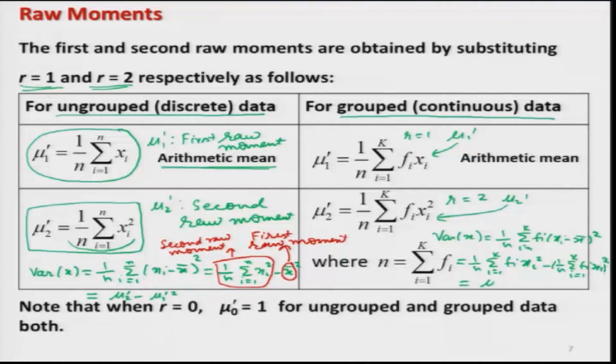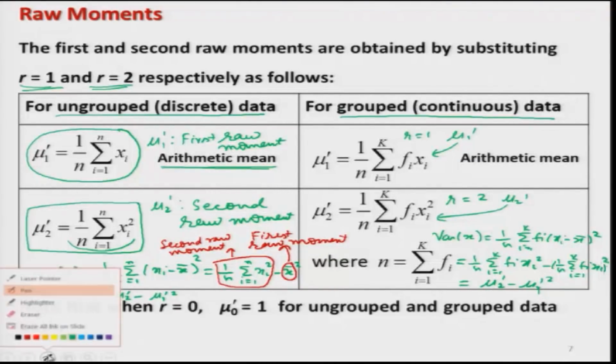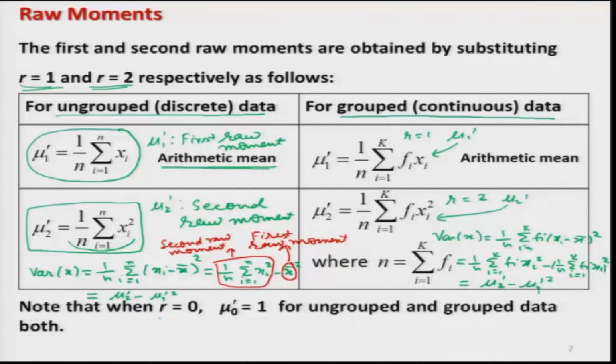This is nothing but your mu 2 prime minus mu 1 prime whole square. So by this example, the interpretation and utility of moments in the case of grouped and ungrouped data is similar. What you have to observe here is that if I choose r equal to 0, then mu 0 prime becomes 1, and this is true for both ungrouped and grouped data.